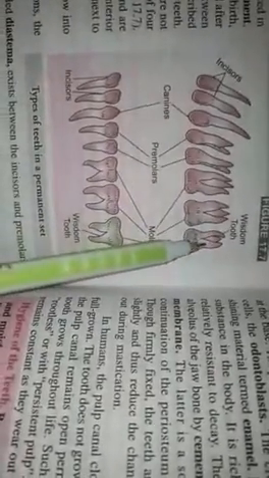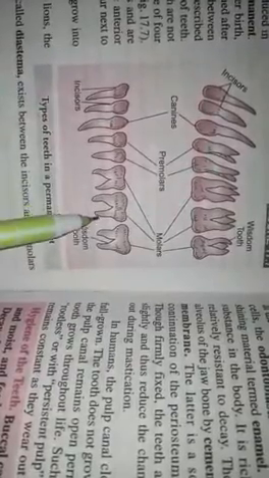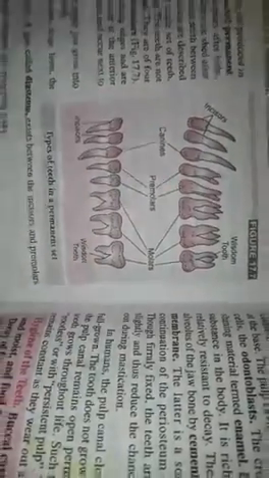Premolars present in the upper jaw have two roots, and the premolars present in the lower jaw have only one root. Molars present in the upper jaw, how many? Three roots. And molars present in the lower jaw have two roots.